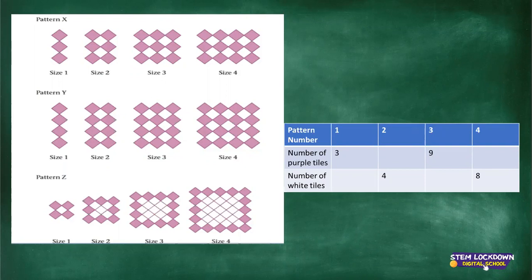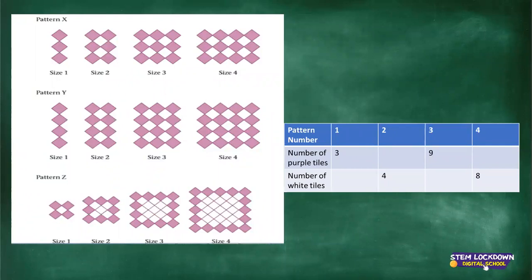And for size 3, we have 12 purple tiles and 6 white tiles. For size 4, we have 16 purple tiles and 9 white tiles. I hope you are writing this down because we don't have it on the screen.